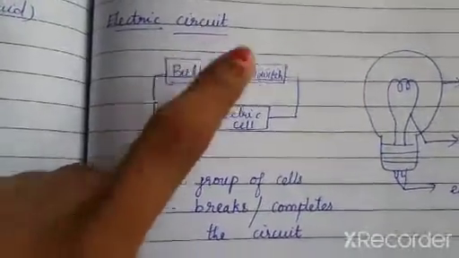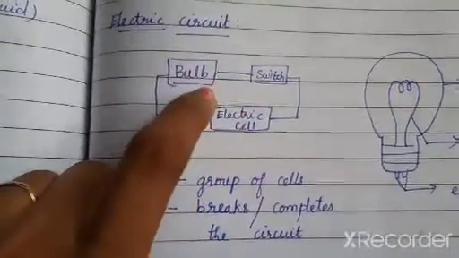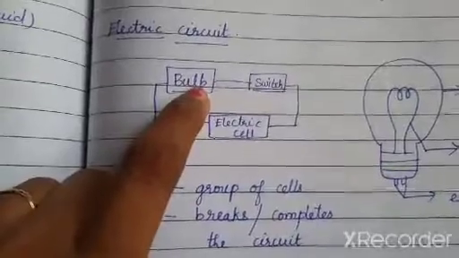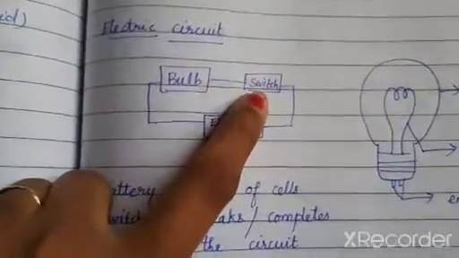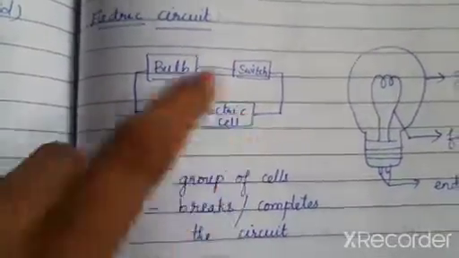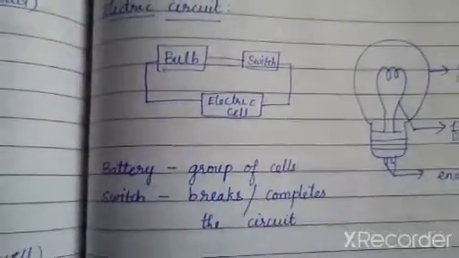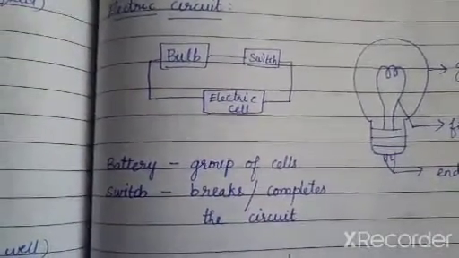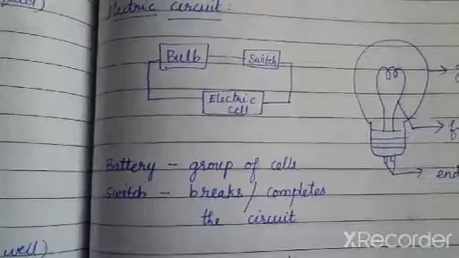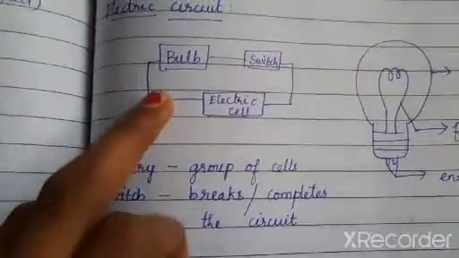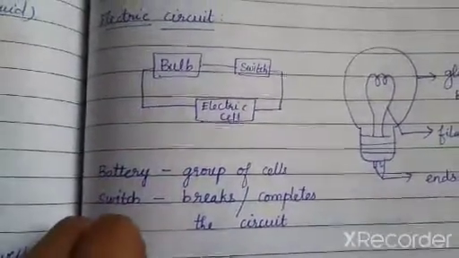When I connect the electric components, a bulb is a component of electricity. Switch, electric cell, these are all the components used for giving connections to the electric current. Yes, the wire is also an electric component.